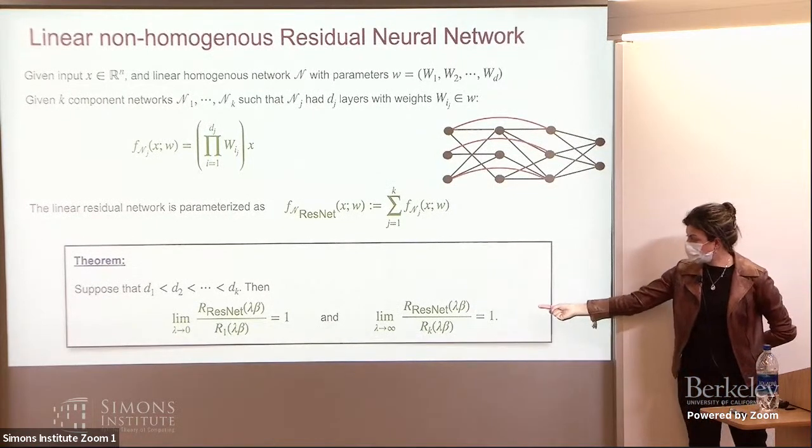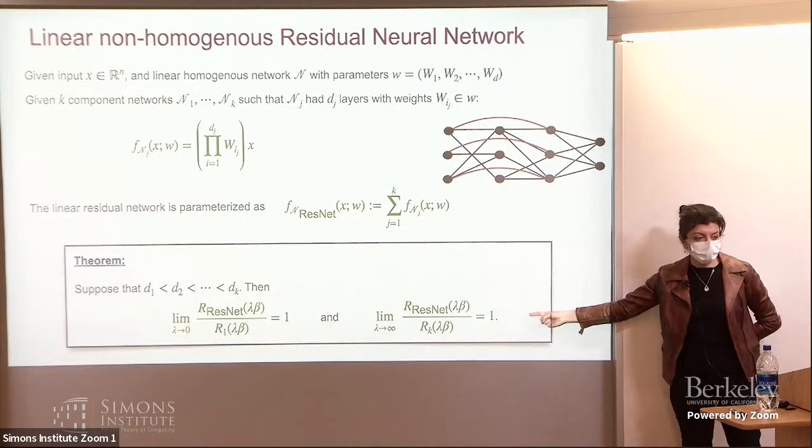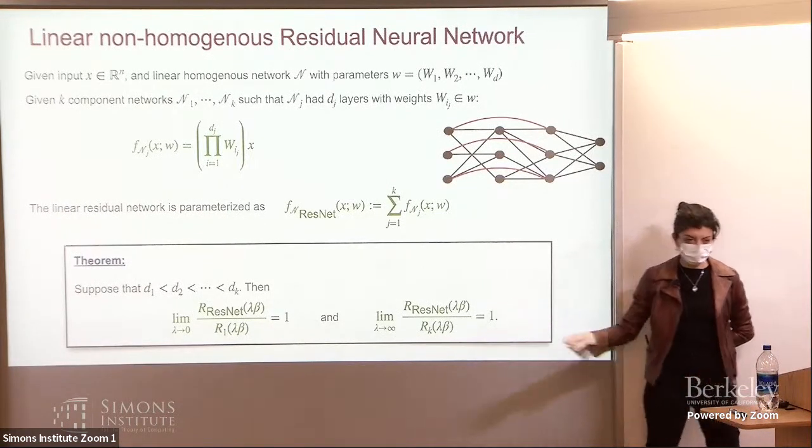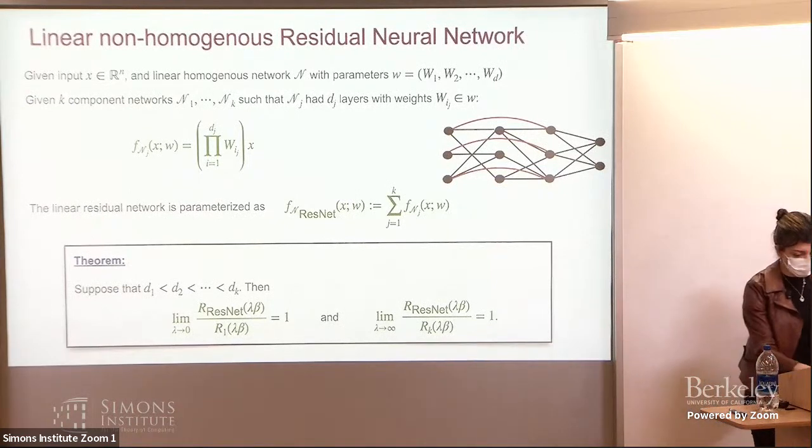And if the linear coefficients are very large, then the representation cost of ResNet is very similar to the representation cost of the deepest network.